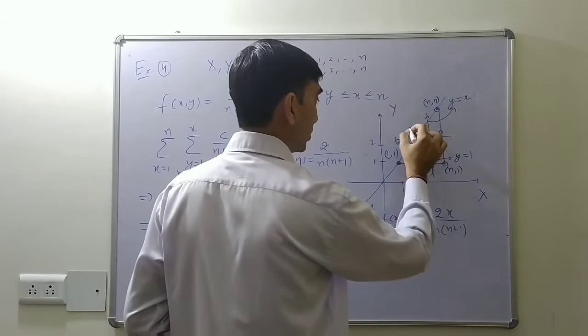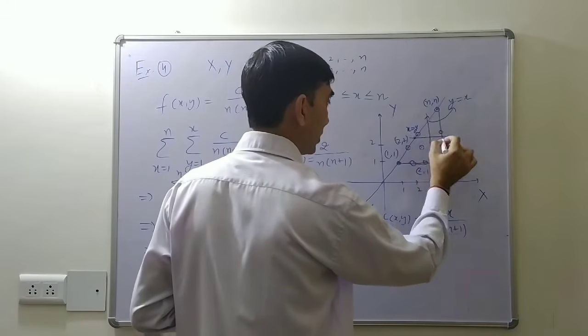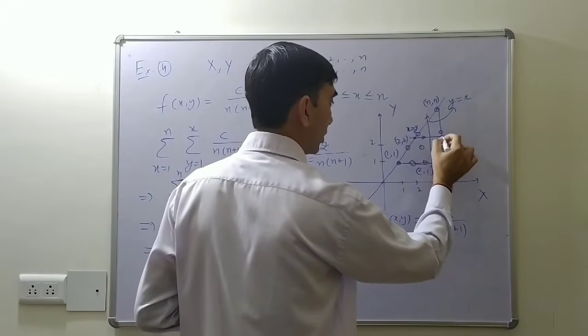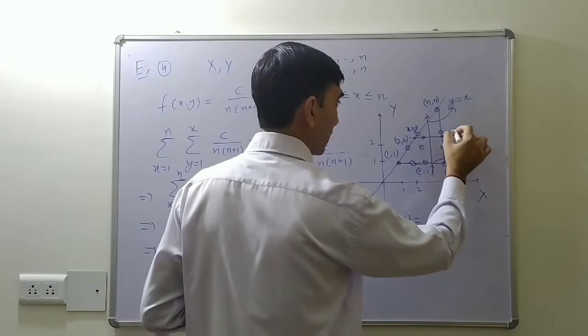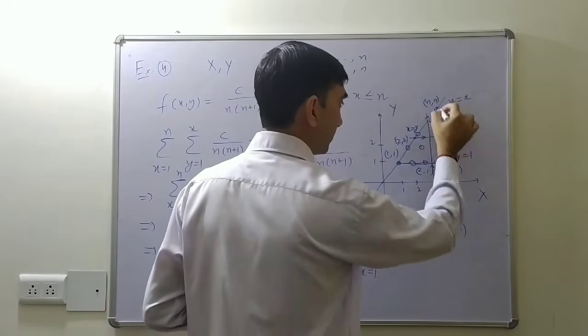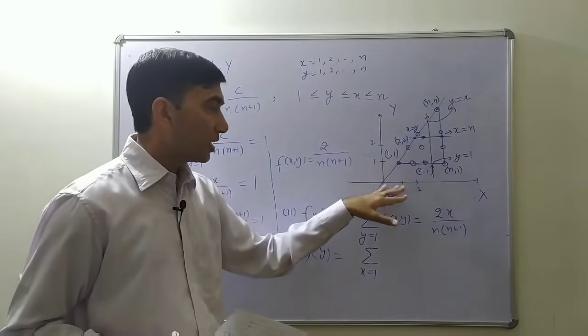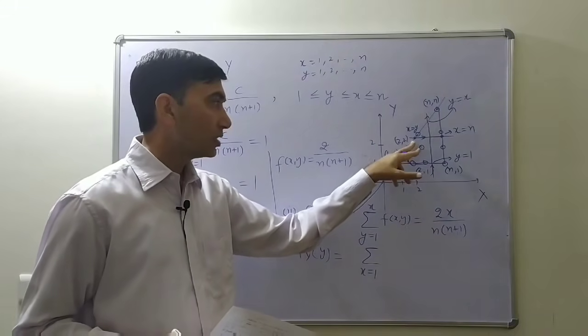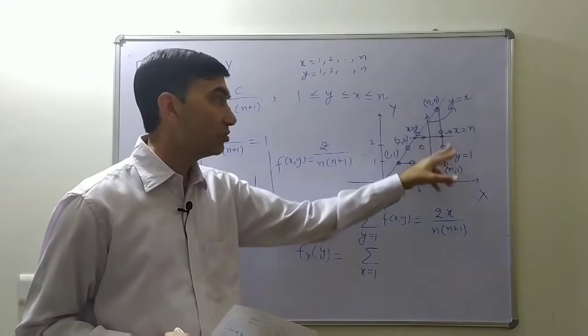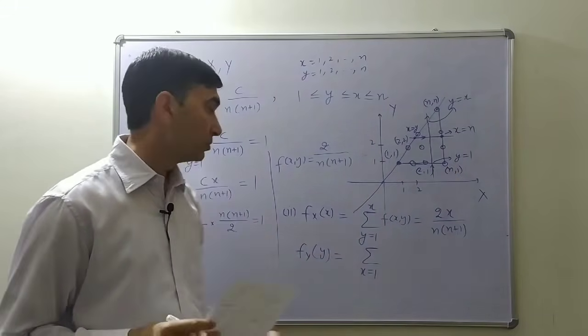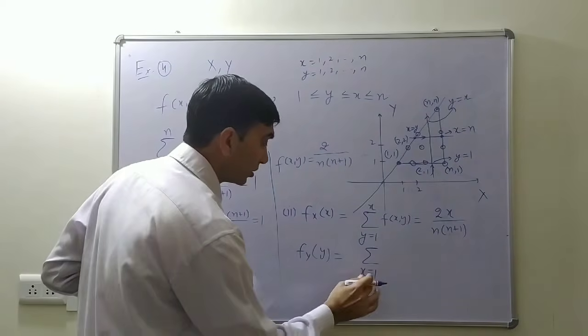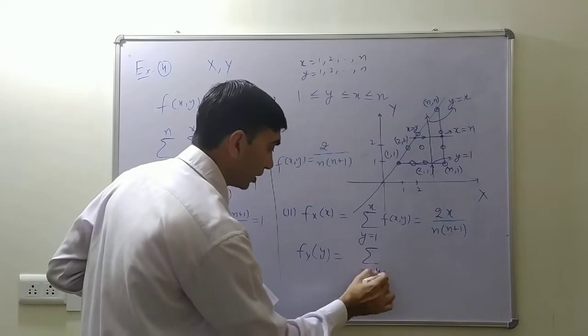It enters at x equal to y, and where it leaves? It leaves at x equal to n. So the arbitrary ray through the triangular region parallel to the x-axis enters at the x equal to y line and leaves at x equal to n. So x limits are from y to n.